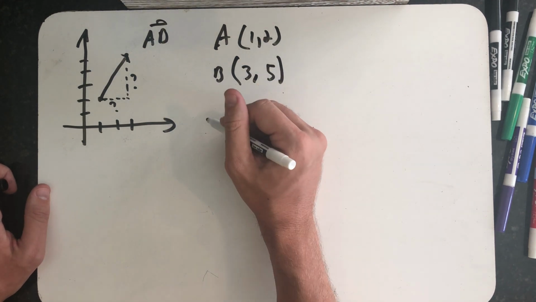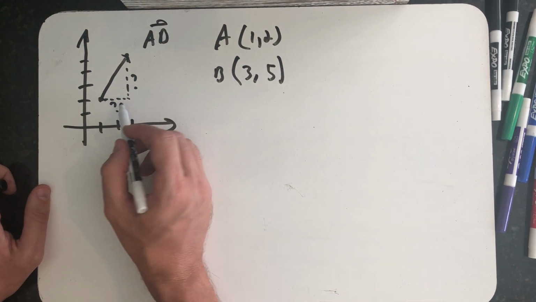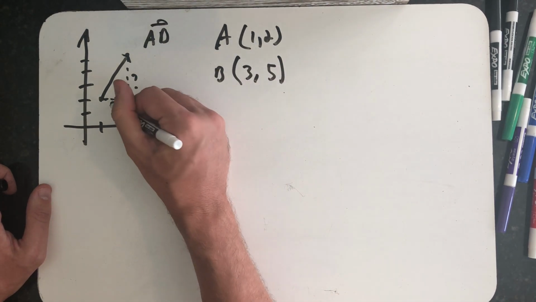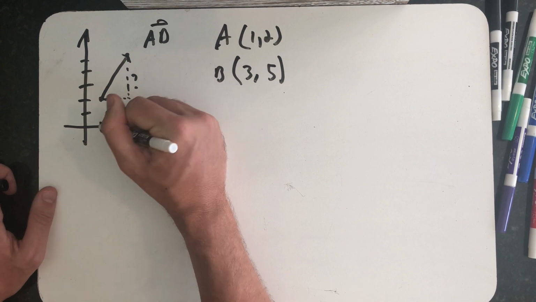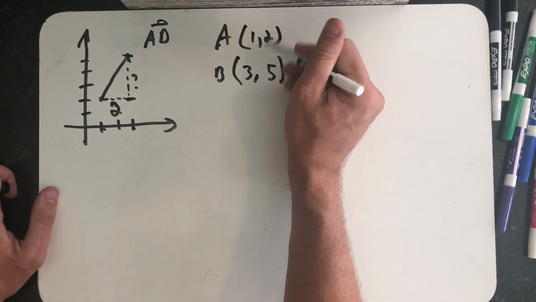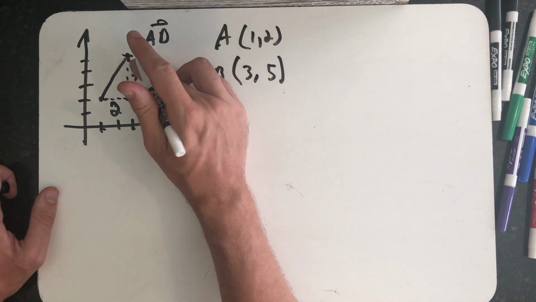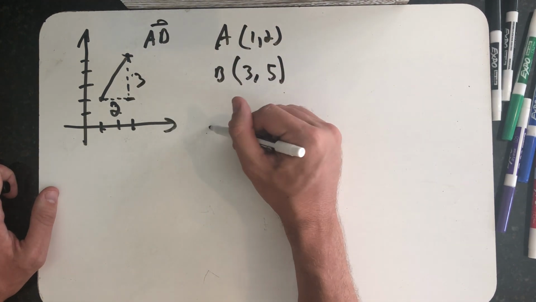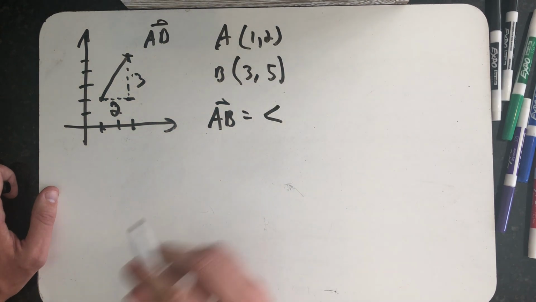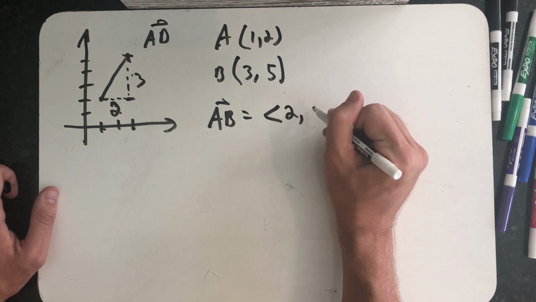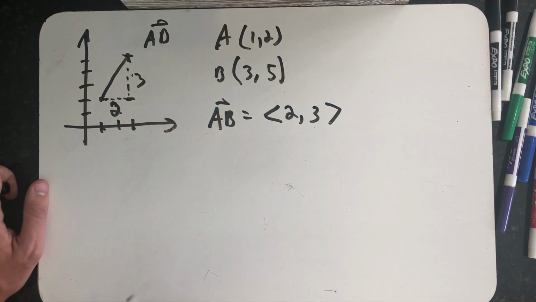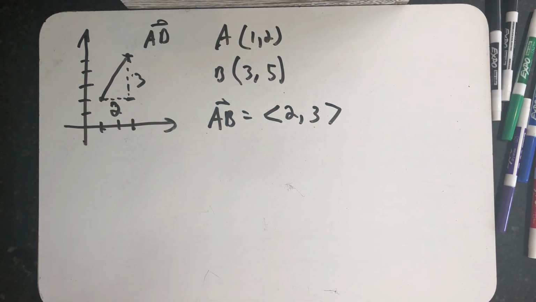Well, in component form, if I need to know this length, that's really just the difference in these two x values, right? 3 minus 1 is 2. And then the length here, the difference in the y values, 5 minus 2 is 3. And so vector AB became, in component form, the vector ⟨2, 3⟩. Right, converting it to that nice happy component form.